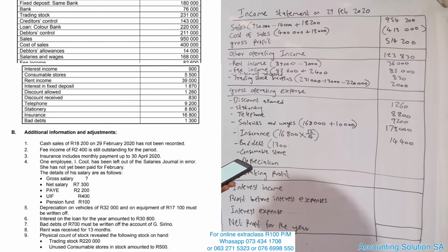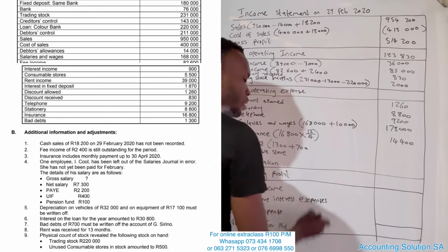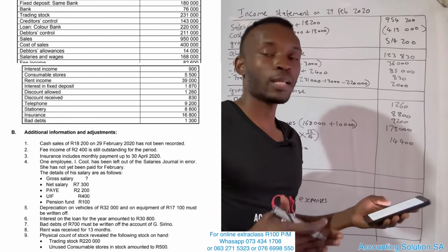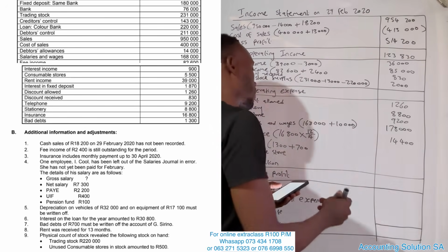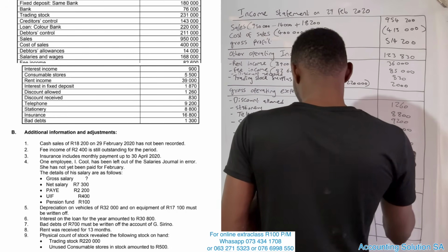Okay, we have a bad debt that must be written off. You just have to add. There is no case that you are going to subtract bad debts. Always add. The one from adjustment, you always add. Okay, and it's gonna give us 2,000.